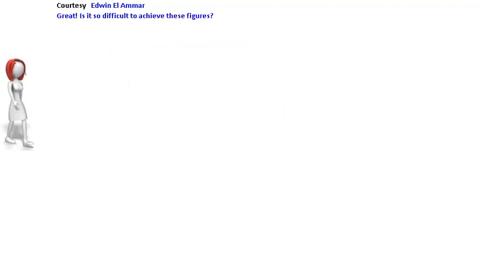Great. Why is it so difficult to achieve these figures? Unfortunately, not at all. No sacred matters here. Everything has been studied by R&D carbon.